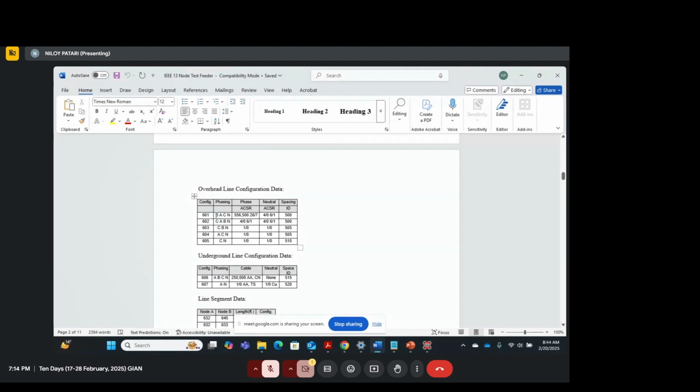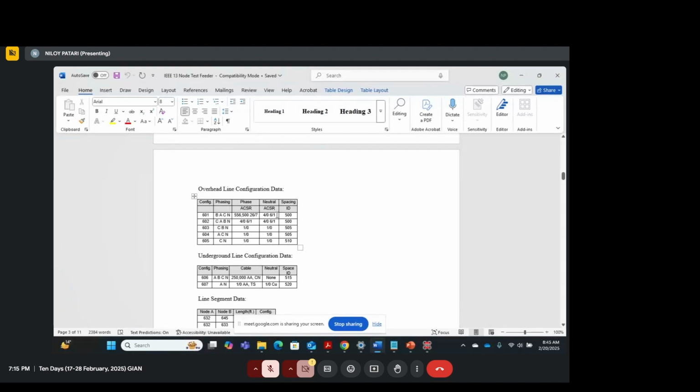This overhead line has all ABC phases as well as the neutral, and it shows the line configuration, right? It's an ACSR type of conductor, and the spacing ID is given. All this spacing ID, everything will make some sense in a bit.